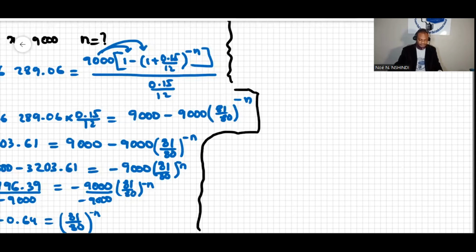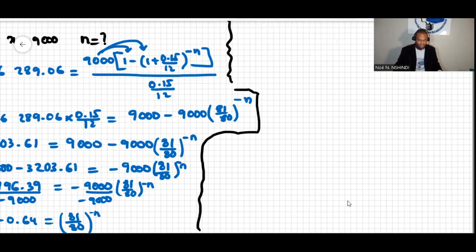So we can say log of 81 over 80 to the power of negative n will be equal to log of, okay, I can save myself time.